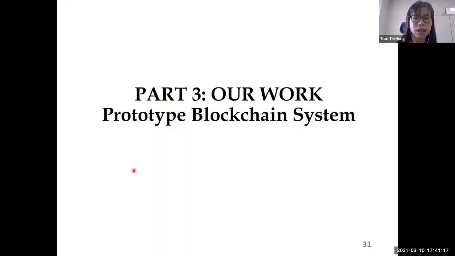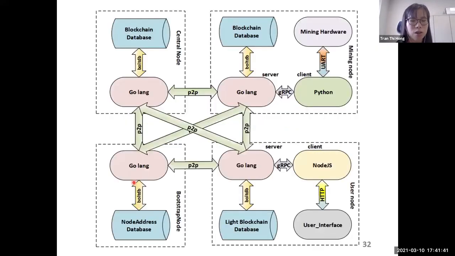Okay. So for our prototype blockchain system, we not only developed the accelerator for accelerating the SHA function, but also the prototype system. We focus on the blockchain consensus because we think it is one of the most important factors contributing to the success of the blockchain network.